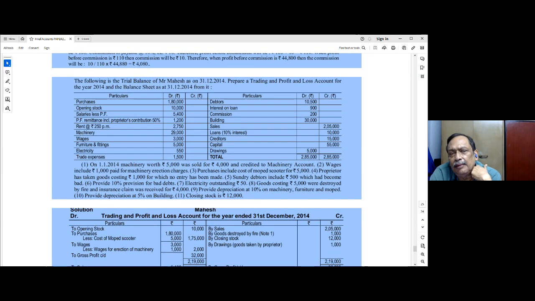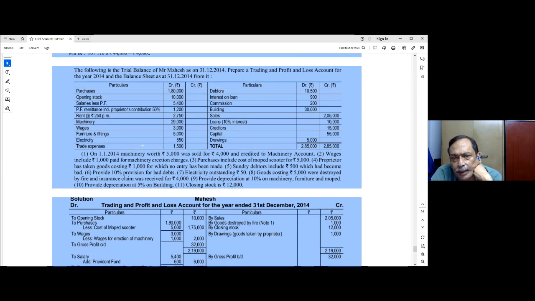The following is the trial balance of Mr. Mohesh as on 31st December. Prepare a trading and profit and loss account for the year and the balance sheet from it. So as we see, trial balance, debit and credit is tallied, but still you have to check.